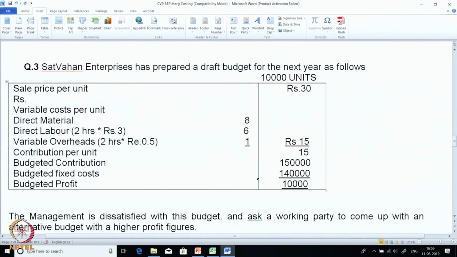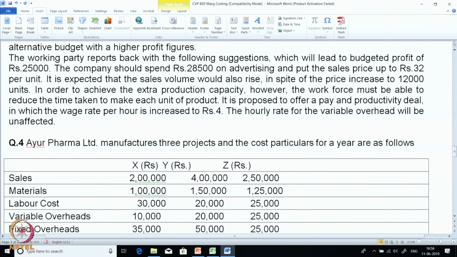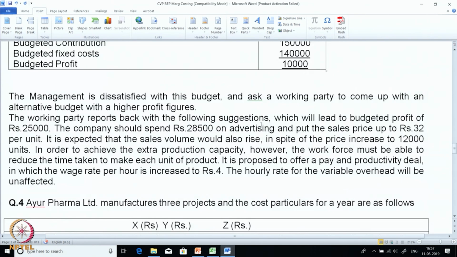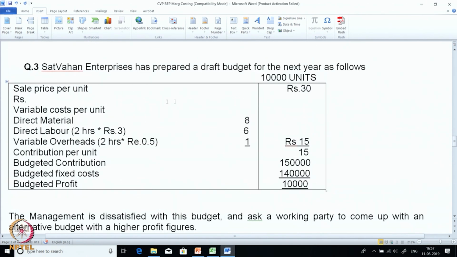You can see their current wage rate is 3. For 2 hours at the rate of 3 they are getting 6. Now we want to give a better deal to employees and increase their wage rate to 4. The hourly variable overhead rate will remain the same. After incorporating these changes you have to give an alternate budget. Got it?